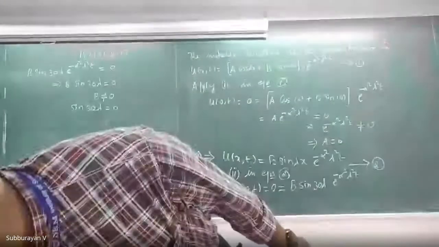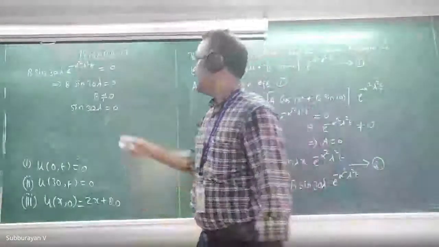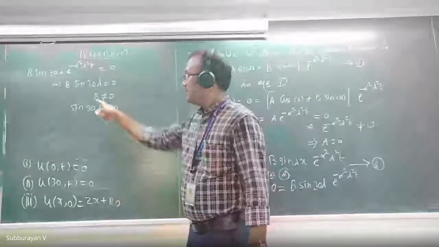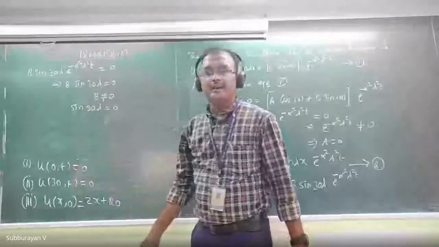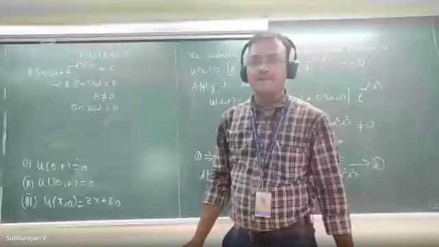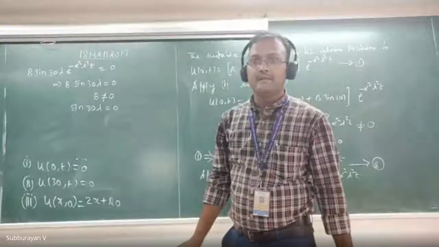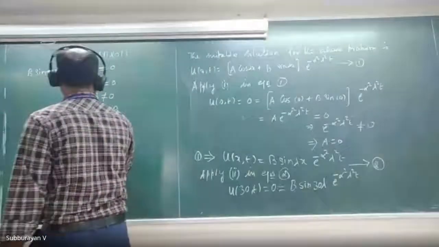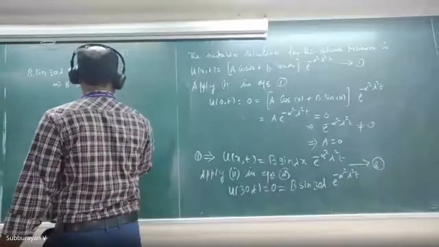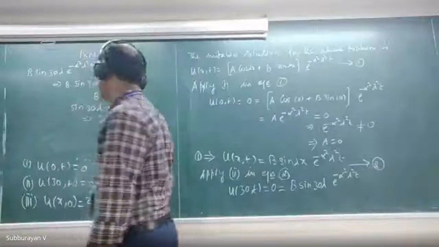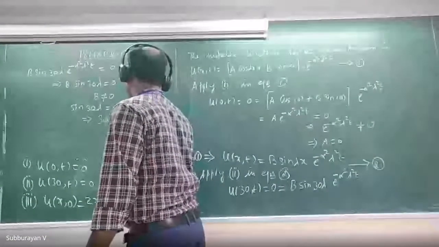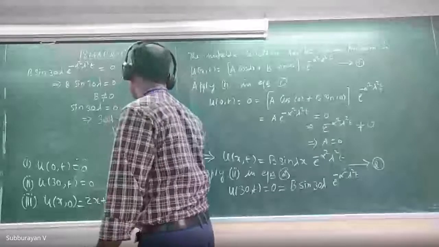If sine 30 lambda equal to 0, then what is the value of 30 lambda? n pi. Which implies 30 lambda is equal to some n pi. Hence lambda is equal to n pi by 30.